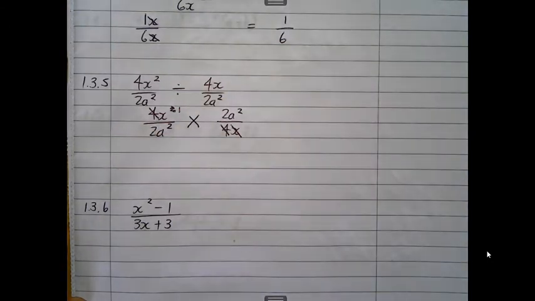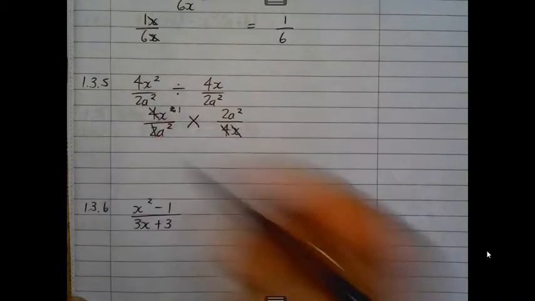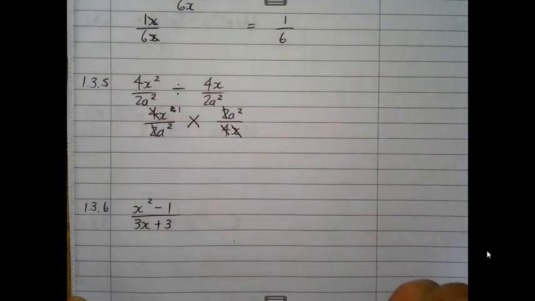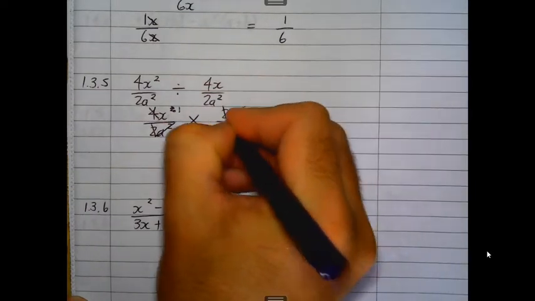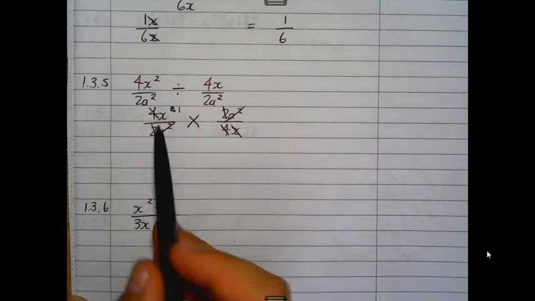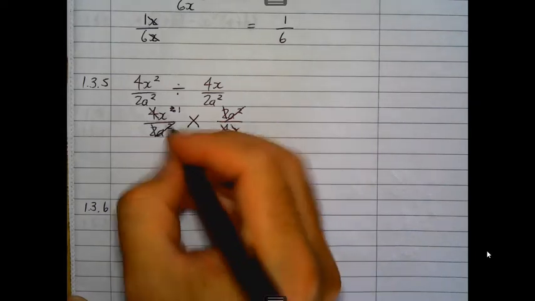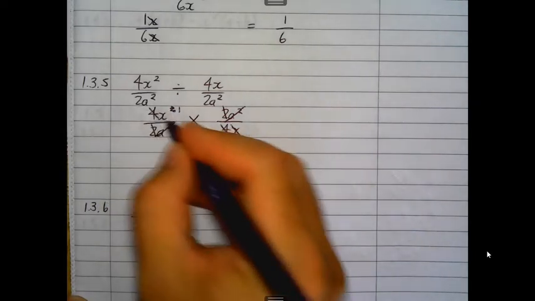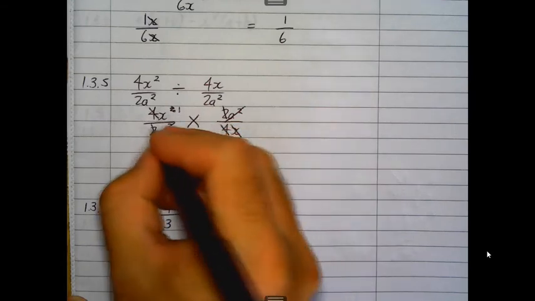Do you agree? In the same way, that 2 can cancel with that 2, and that entire a squared can cancel with that entire a squared. So although it's a bit messy now, let's see what we have left. We have got left what? There is a 1, x to the power 1 over 1.